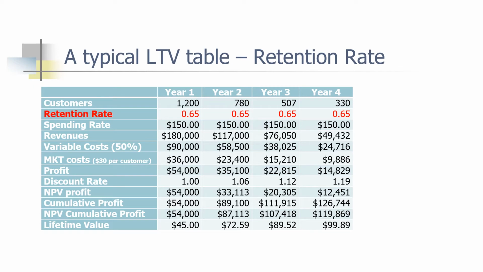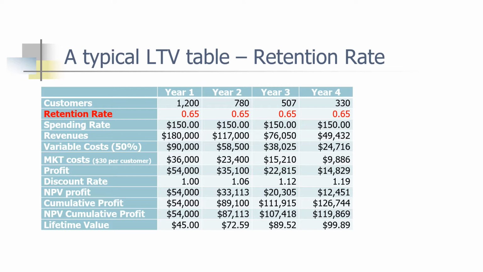The second line and the most important number in all of the lifetime value table is the retention rate. That is, how many customers did we retain from one year to the next? And here you notice that the retention rate is 0.65 or 65%. That means 6.5 out of every 10 customers we have are retained to the next year.